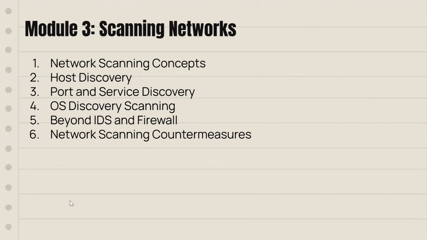Next, we have scanning networks. This is the advanced step of gathering information. Here we also gather information, but we are close to the network, close to the target that we want to hack or test. So here we try to gather information about the network, the present hosts, the ports, and the services currently available.